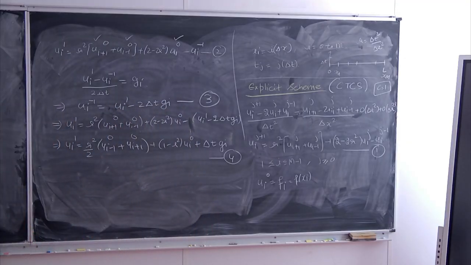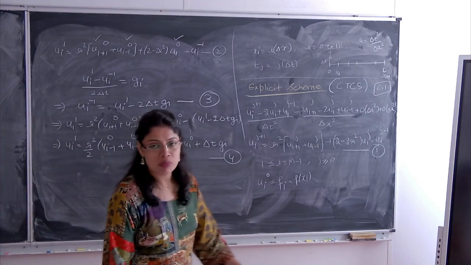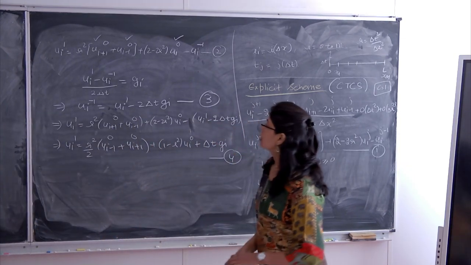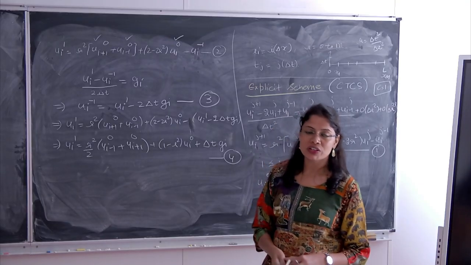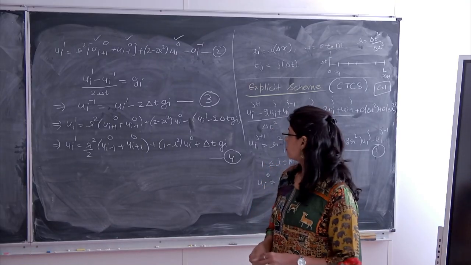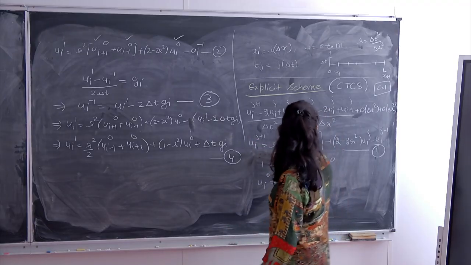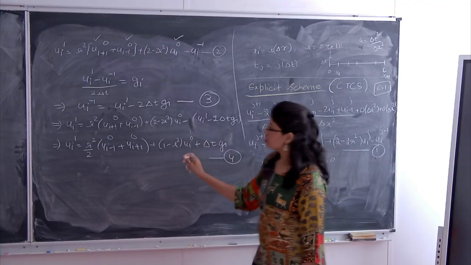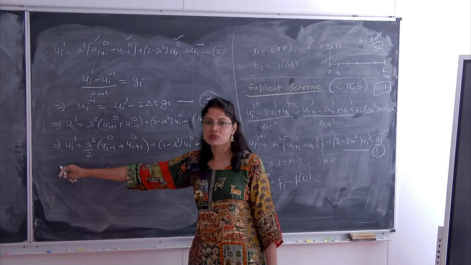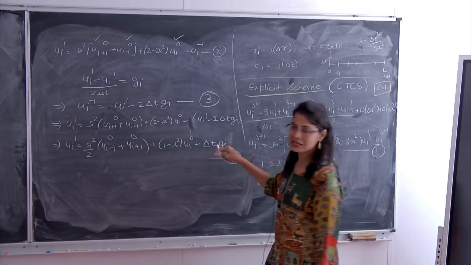Okay. So, this is our final scheme here. If we are given any hyperbolic equation, we will have 2 initial conditions, and so we can find this numerical scheme. You can see that this is explicit form because u_i^1 can be found with the help of the previous time level.